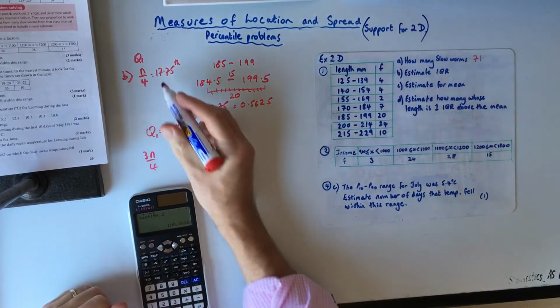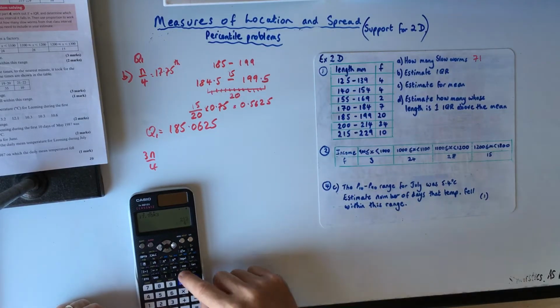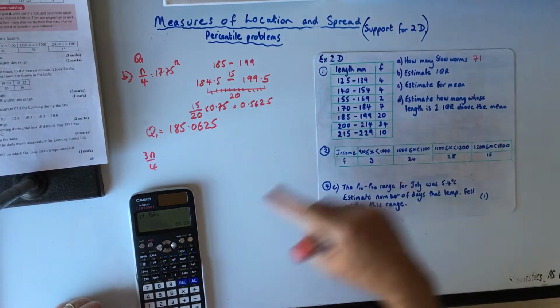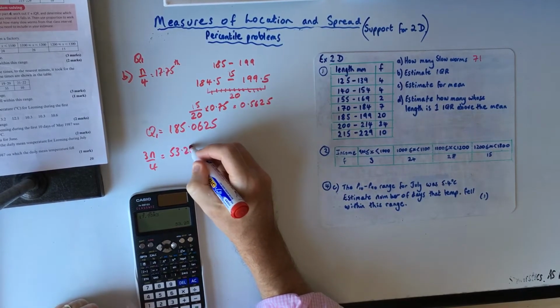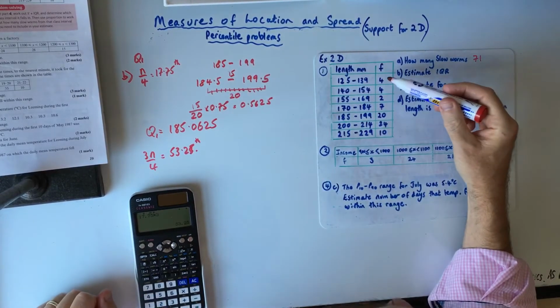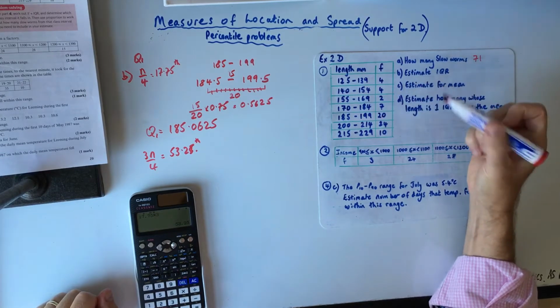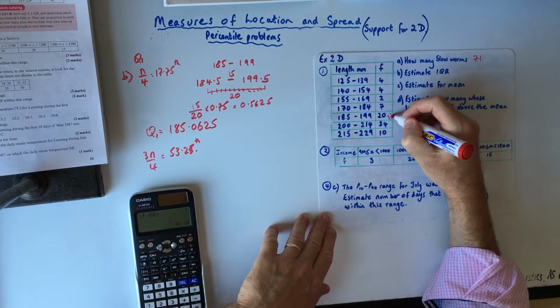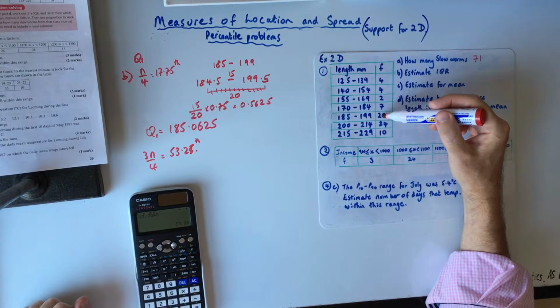If we do the same for 3n over 4, we times 17.75 by 3. So 3/4 of 71 is the 53.25th term. I'm just doing the cumulative frequency on this: 4, 8, 10, 17, 27, 37.